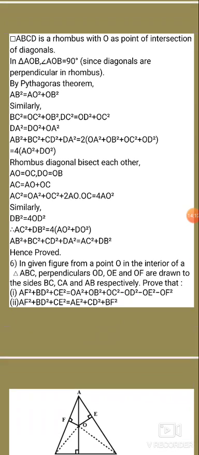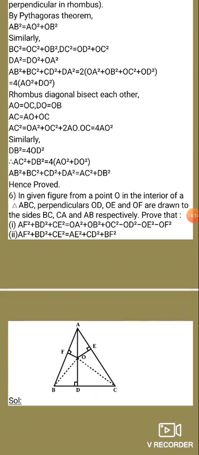Now the next question also same type. Listen. In the given figure, from a point O in the interior of triangle ABC, perpendiculars OD, OE and OF are drawn to the sides BC, CA and AB respectively.